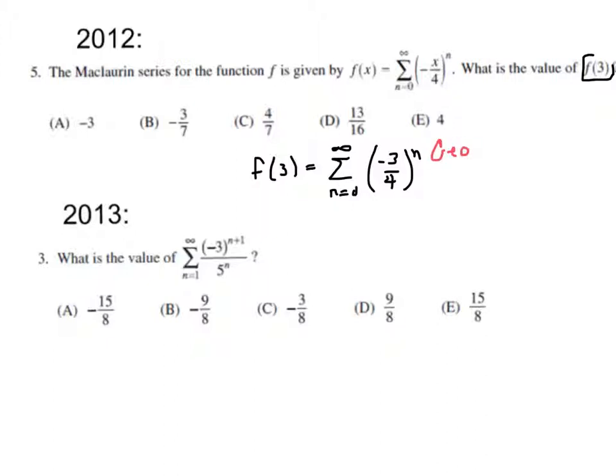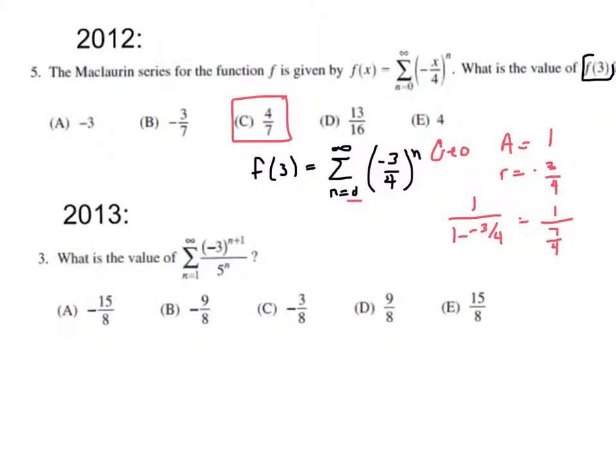Its first term, if you start with n equals 0, would be 1, and the common ratio is negative 3/4. So you get 1 over 1 minus negative 3/4, which is 1 over 7/4, which is 4/7.